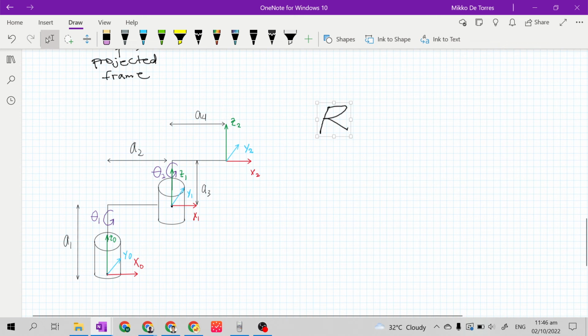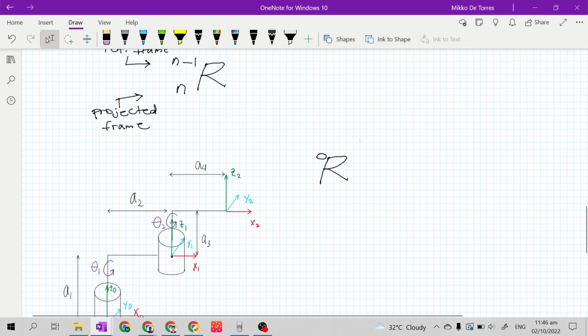So our base frame is named as frame 0, because it is our first frame. The start of our numbering is from 0. And if n is equal to 1, then 1 minus 1 is equal to 0. So that's why this is 0.